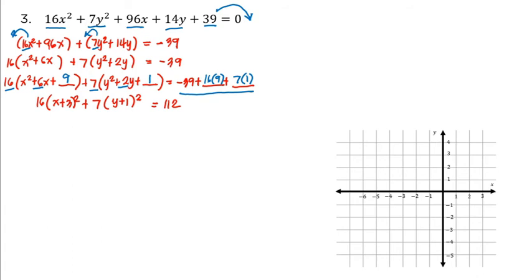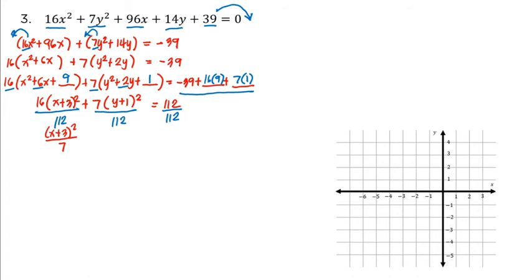So we need to have this 112 equal to 1. So what we're going to do is to divide both sides by 112. So divide natin lahat ng terms ng 112. So ang mangyayari, this will become (x plus 3) quantity squared over 7, right? 16 over 112 is 1 over 7.